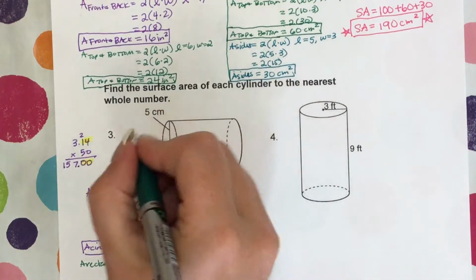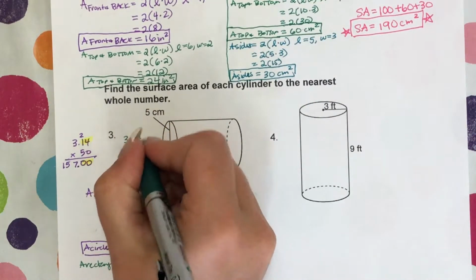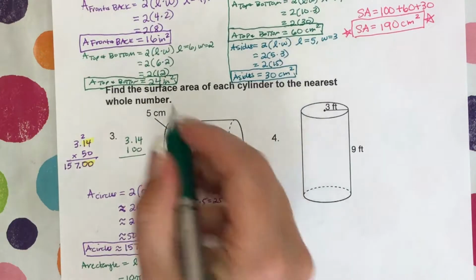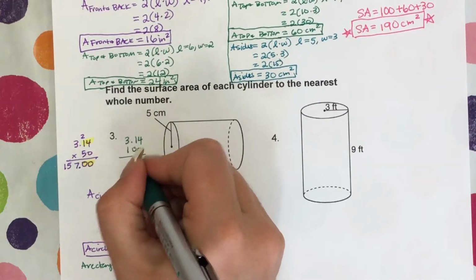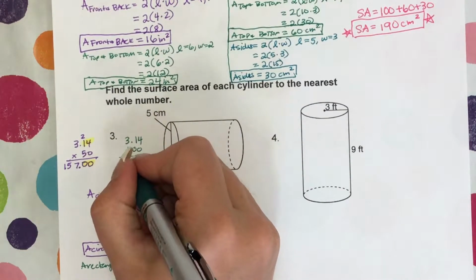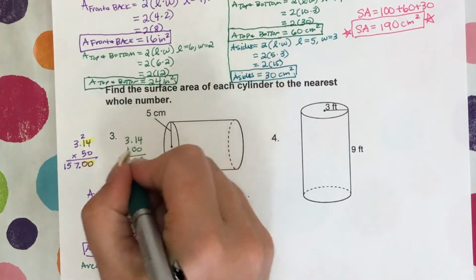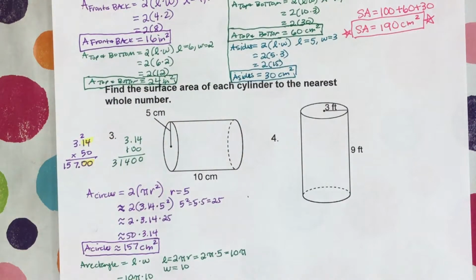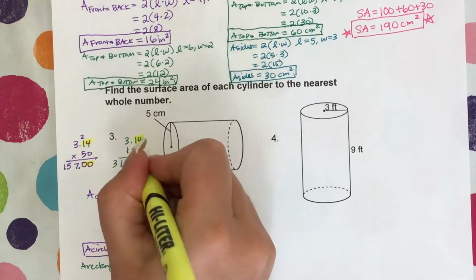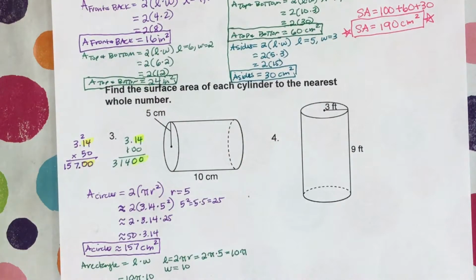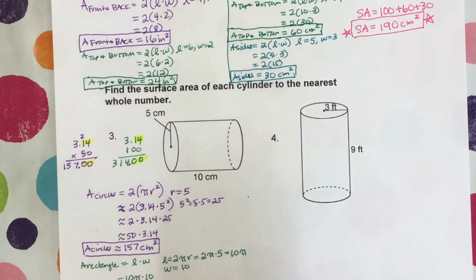And I'll show you. So if we did that problem, 3.14 times 100, we put the 0 there, we put the 0 there, and then we go 1 times 4 is 4, 1 times 1 is 1, 1 times 3 is 3, and then there are 2 decimal places, which means there's 2 decimal places in the answer. So we end up with 314.